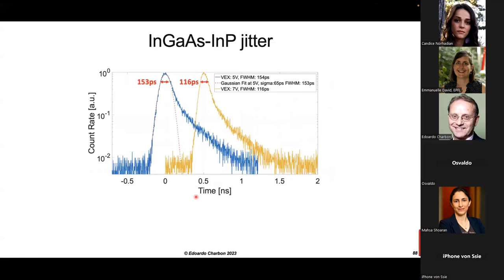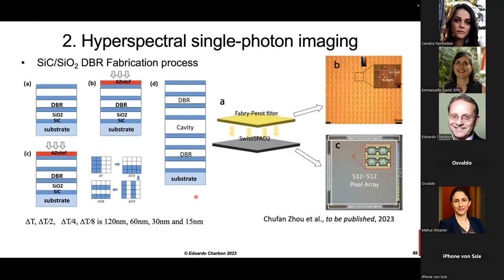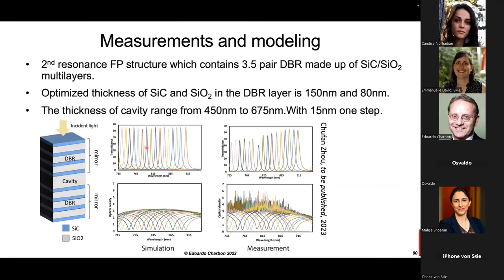And here the jitter that we can achieve is down to 116 picoseconds, which is actually quite reasonable for LiDAR applications. One can also combine hyperspectral single-photon imaging with integrated filters. This is an example obtained by my student Shufan Zhu, who was able to implement an array of 4x4 differently spaced filters that you can see here.